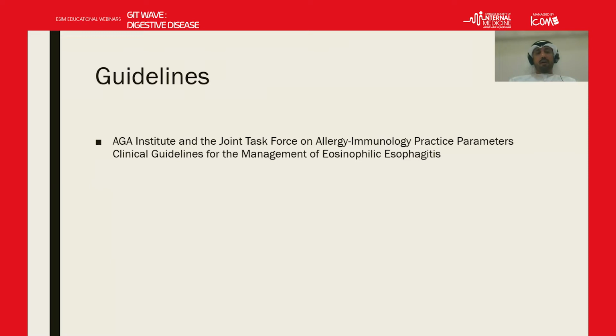So what about the guidelines? What do the guidelines recommend in managing a patient with EoE? There are different guidelines, but I took here the AGA guidelines on how to manage EoE. This is a joint guideline between the American Gastroenterological Association and the Joint Task Force on Allergy and Immunology.